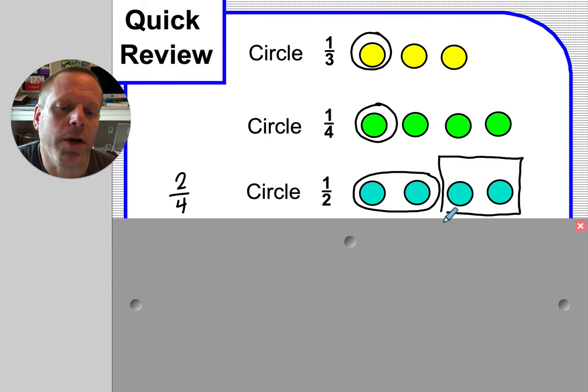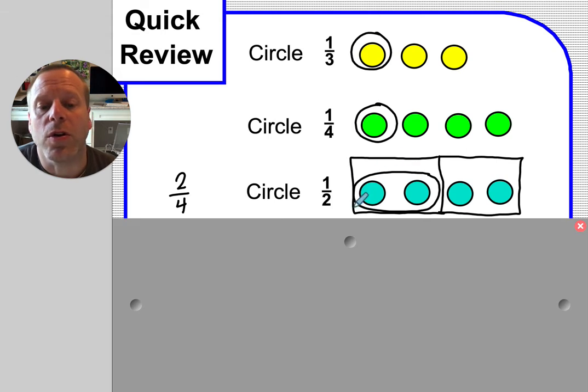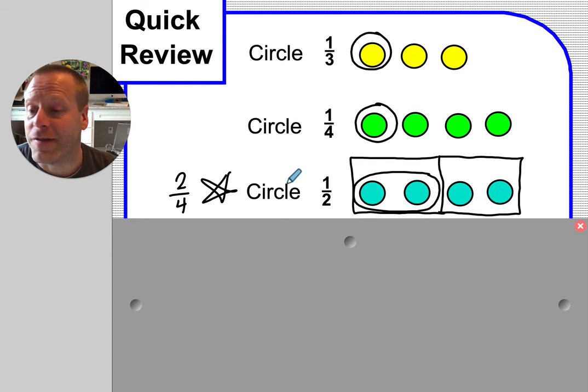We're looking at one group over here and another group over here, and then we're circling one of the 2 groups. This one is not gonna feel like something you've done before. Little bit tricky. It's getting into what are called equivalent fractions, which we will get to in 2 years.